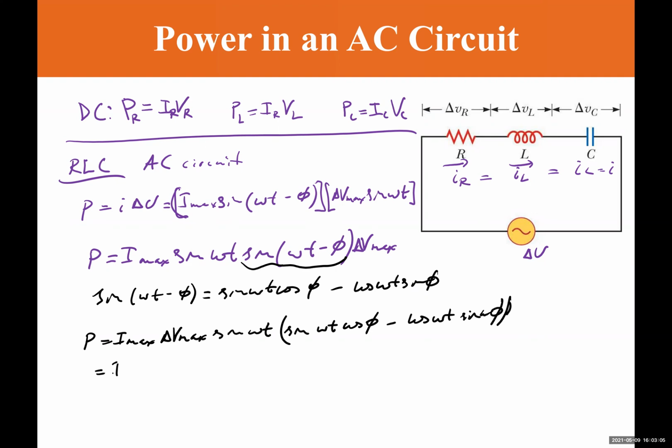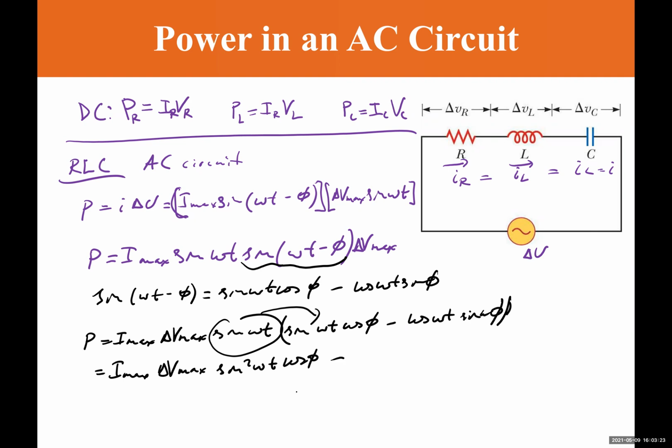So then here we'll have I max delta V max. We take this and multiply by sine omega t cosine phi. This will give us sine squared omega t cosine phi.